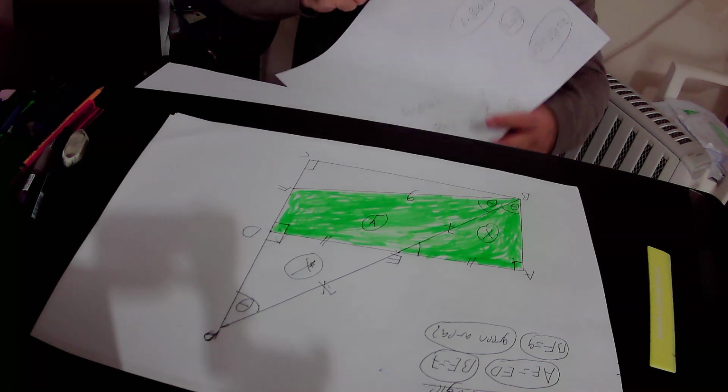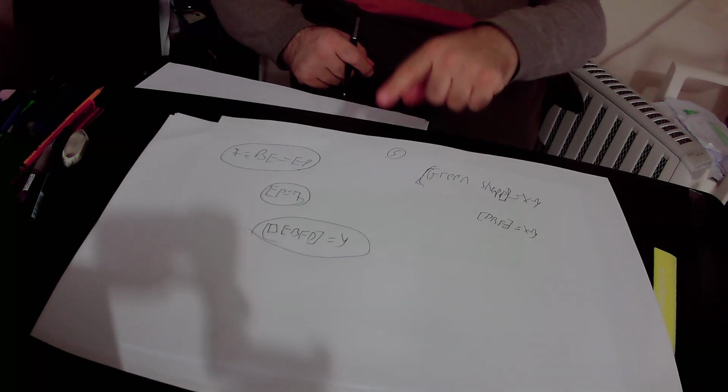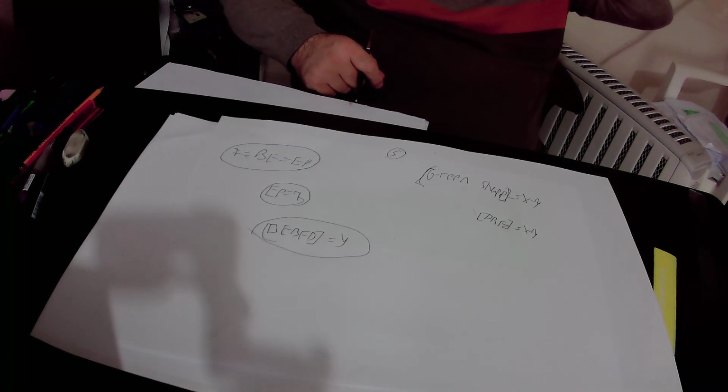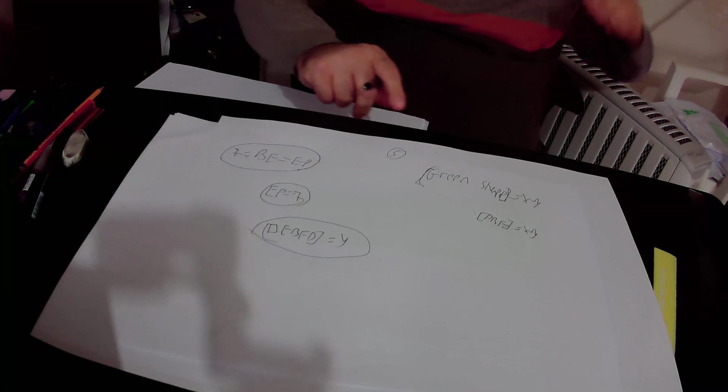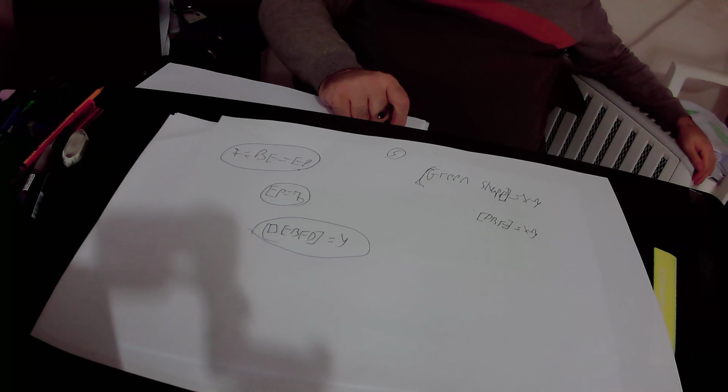So we found out that the area of triangle PBF is equal to the area of the green shape, so we will find the area of the green shape in this way. We will find the area of triangle PBF, and in this way we will find the area of the green shape.